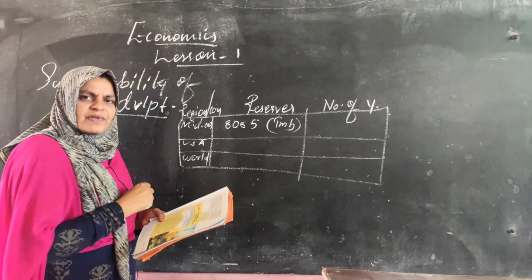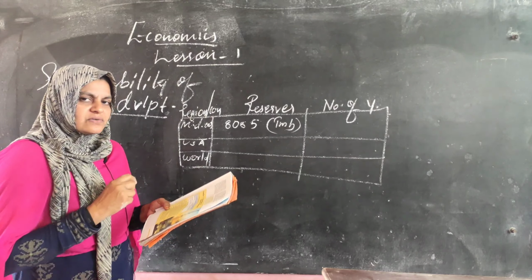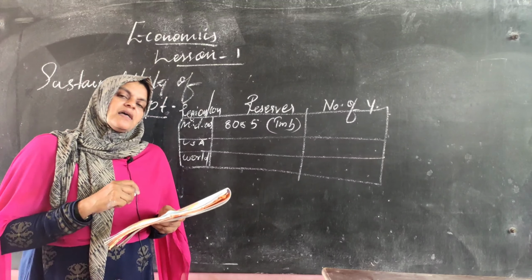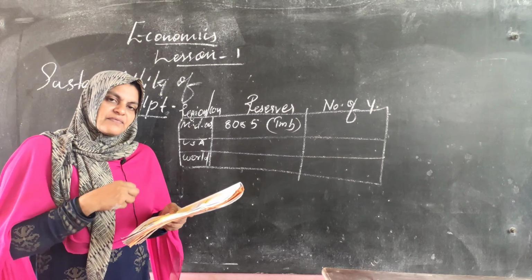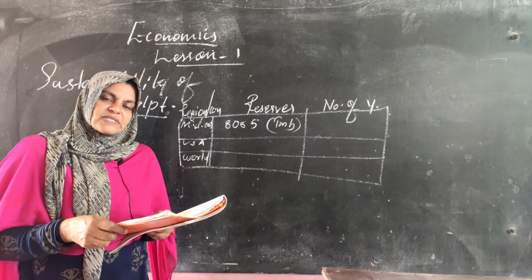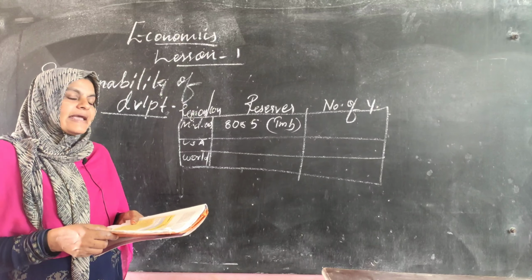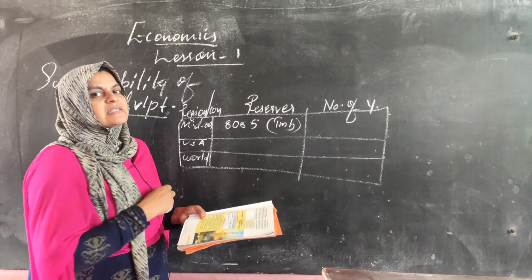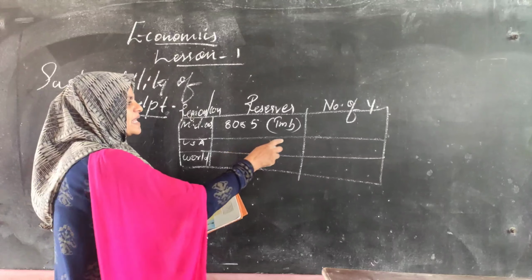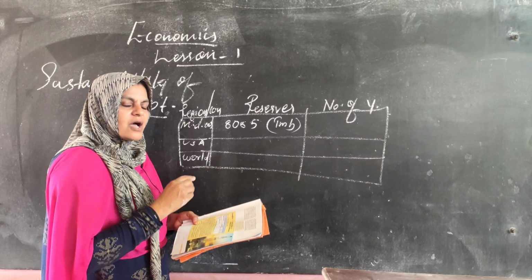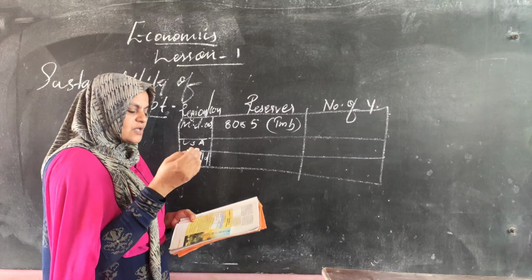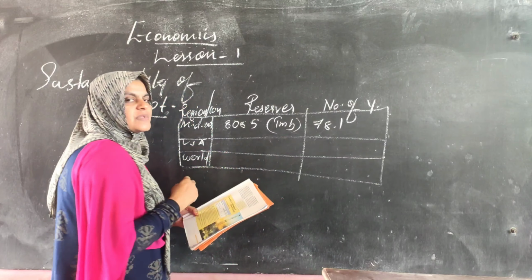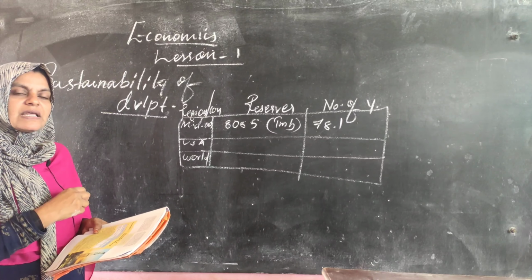Got it? In Middle East countries, the total reserves according to the 2013 data are 808.5 thousand million barrels. How many years will it exist, or can we use it?